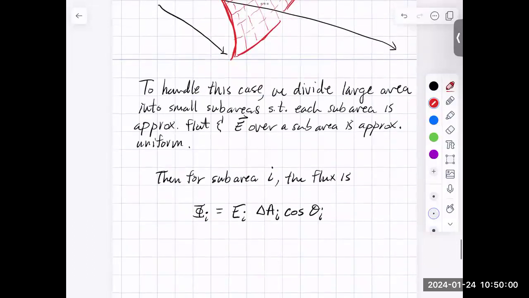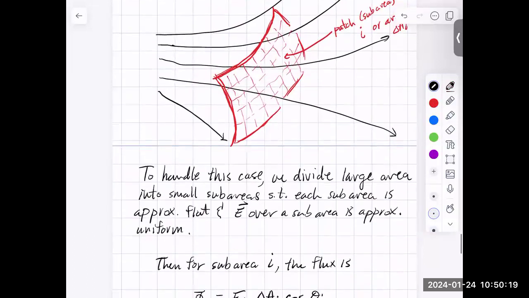Okay, I just have 1 more minute left and I'll be finished. So then we could likewise say this is the same thing as the dot product of the electric field at I and delta A I vector.